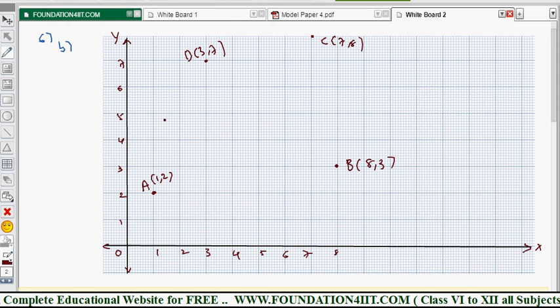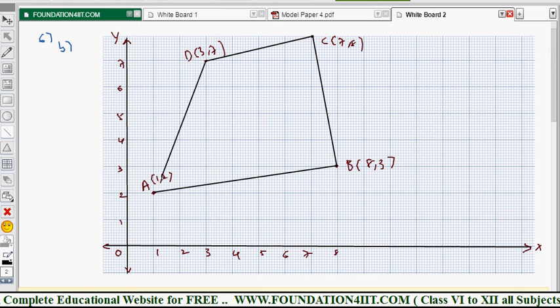Complete the quadrilateral by joining A to B, B to C, C to D, and D to A. So this is the quadrilateral.